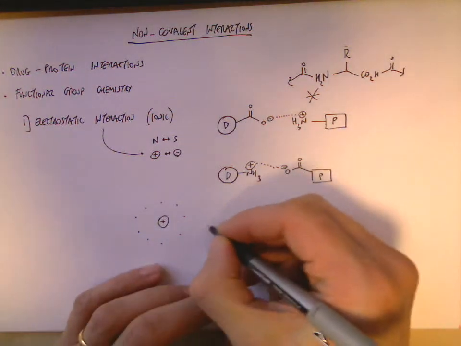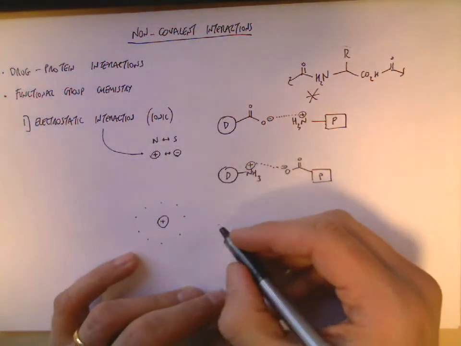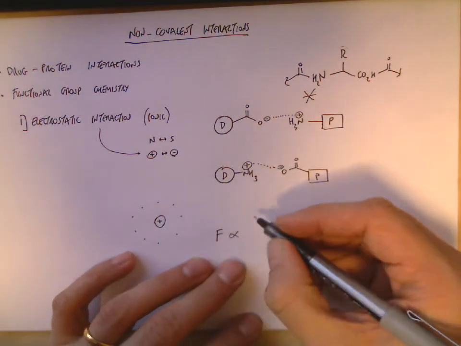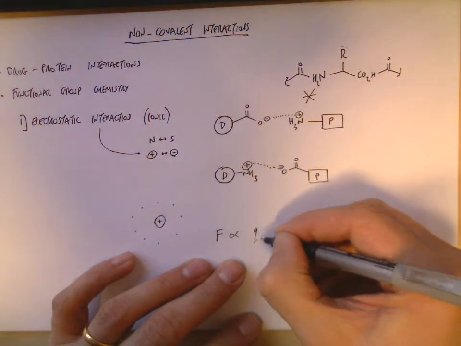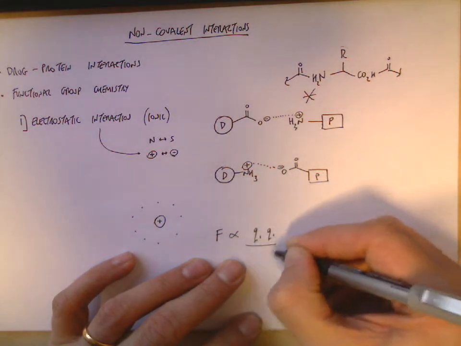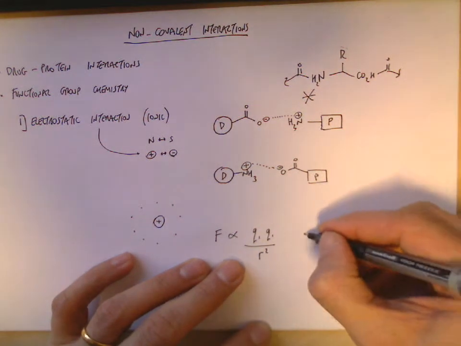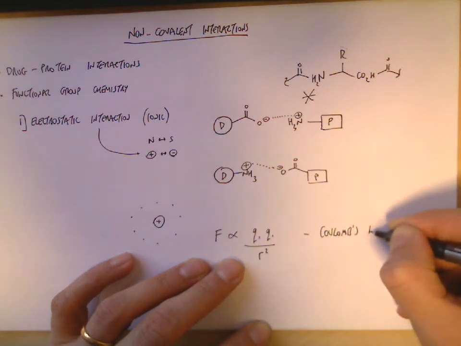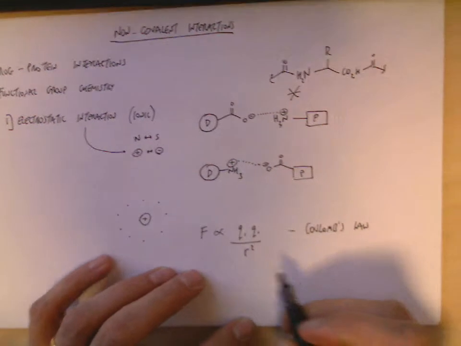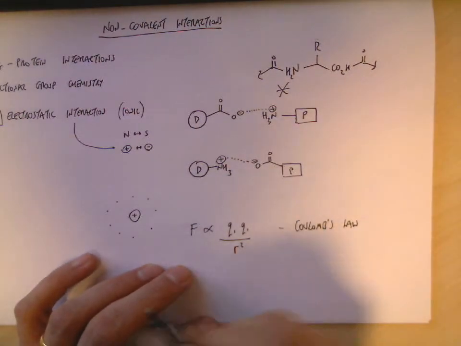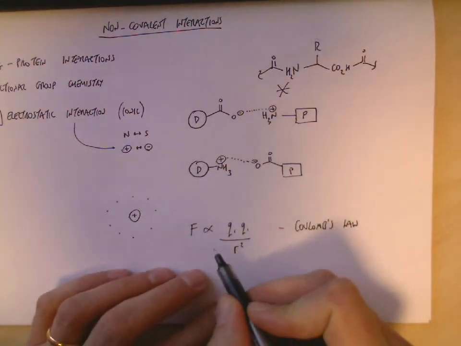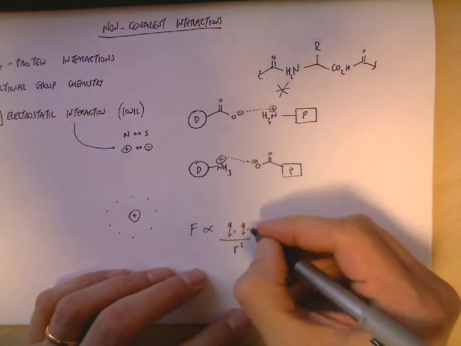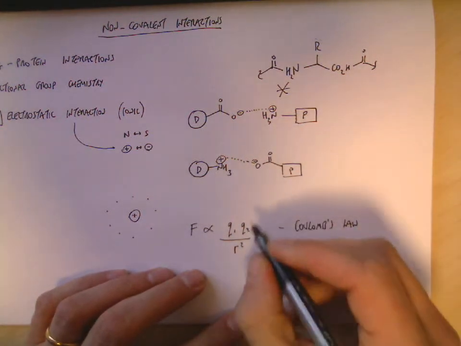And this is because the strength of the electrostatic interaction between two charges is dictated by Coulomb's law, which says that the force of the interaction, the strength of the interaction, is directly proportional to the charge on one of the molecules multiplied by the charge on the other, so Q1 times Q2.